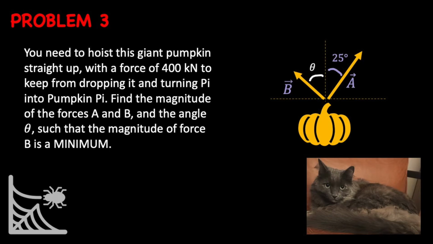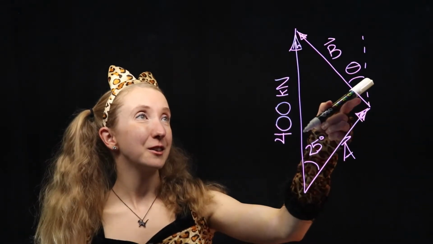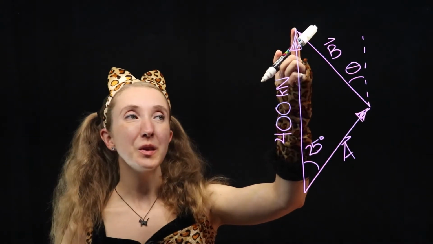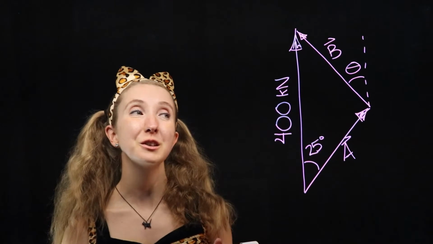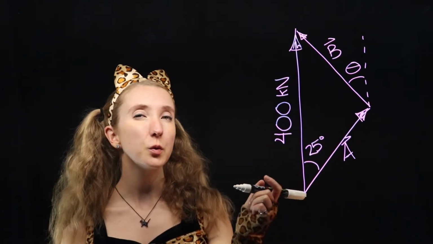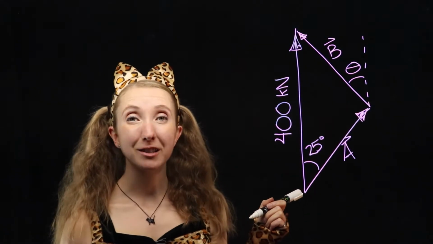We start with our triangle construction drawing vector A and vector B, since we know that together they must have a resultant of 400 kilonewtons vertical. From here, we know that we want vector B to have a minimum force.